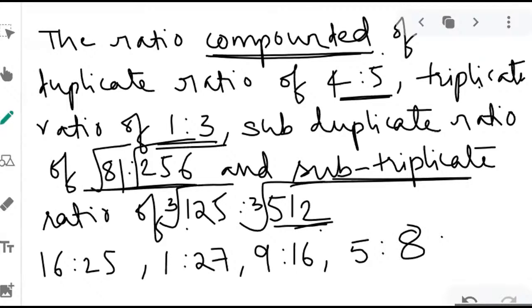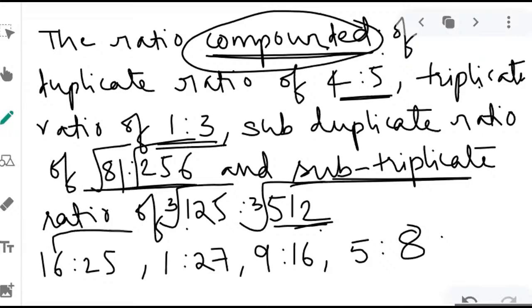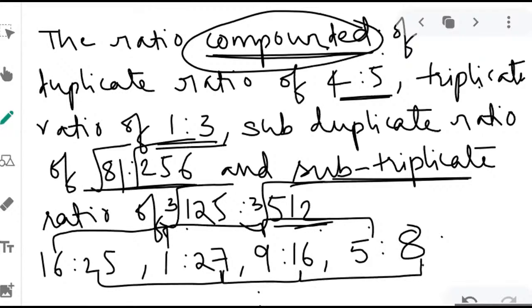All right. He's asking the compounded ratio. Compounded ratio means, this is something that I was telling in last class, multiplication of all the first parts is to multiplication of all the second parts.